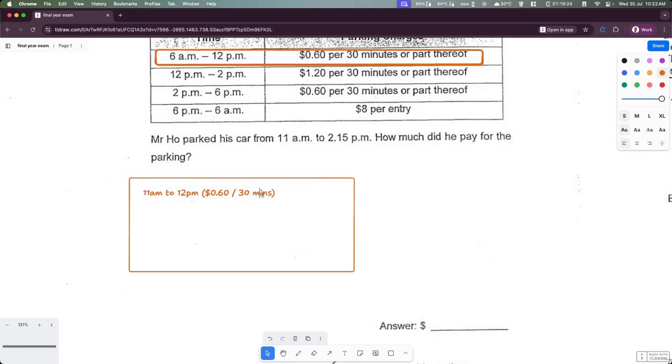All right, so that means for this it is 60 cents per 30 minutes, so the number of 30 minutes blocks is equal to 1 hour or 60 minutes. 60, then we divide by 30, which is 2. So total cost will be 2 times 0.6, which is equal to $1.20.